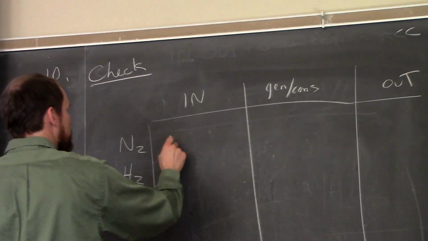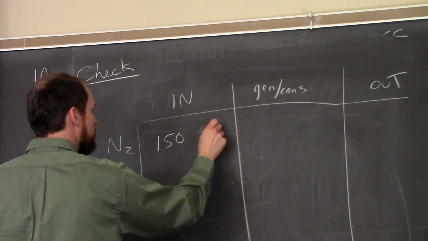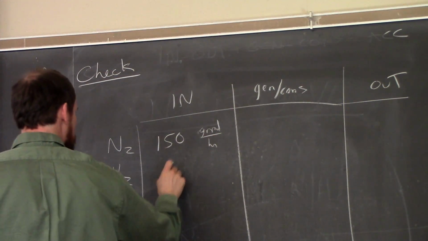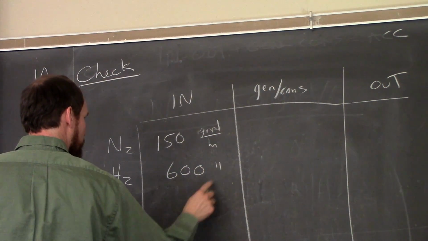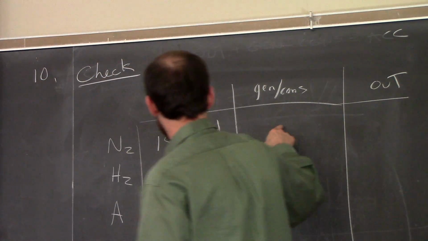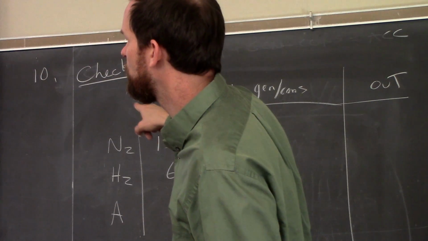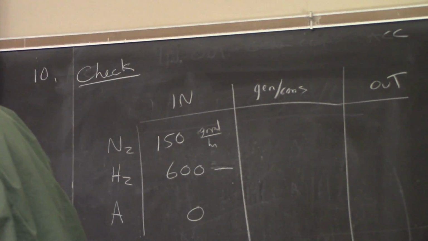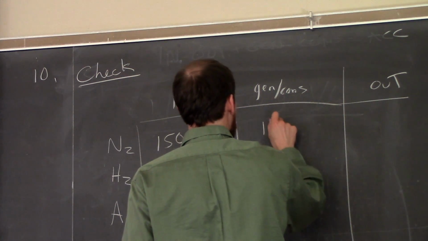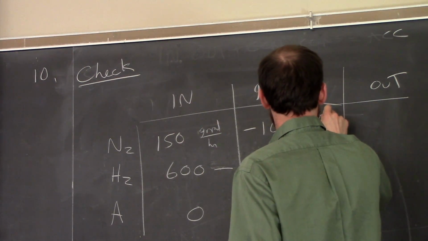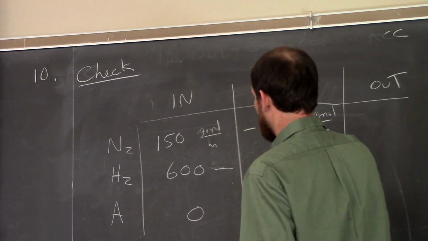So N in is 150 millimoles per hour. H2 in is 600. Ammonia, there's none coming in. Generated or consumed: nitrogen has minus 105, consumed, I'll put a minus there, gmoles per hour.